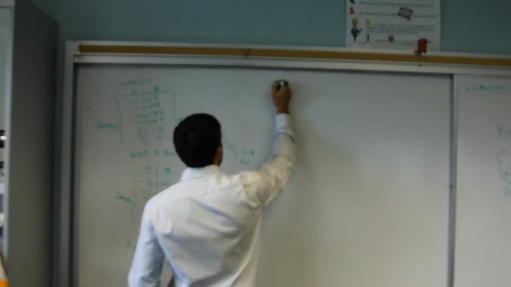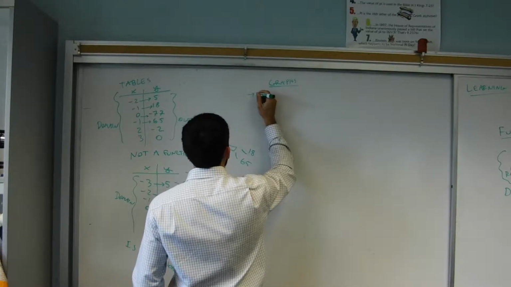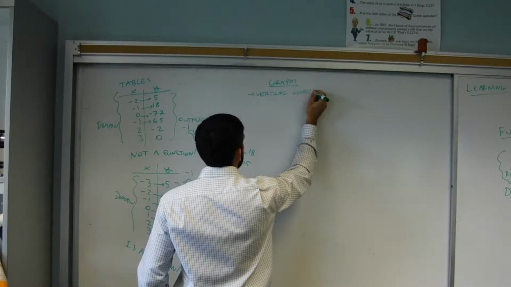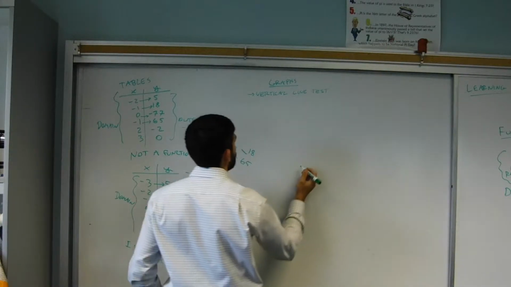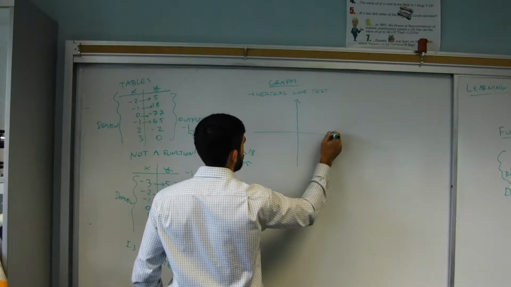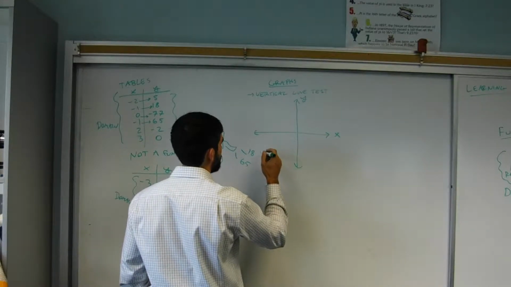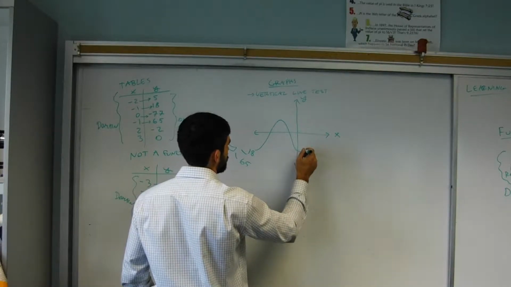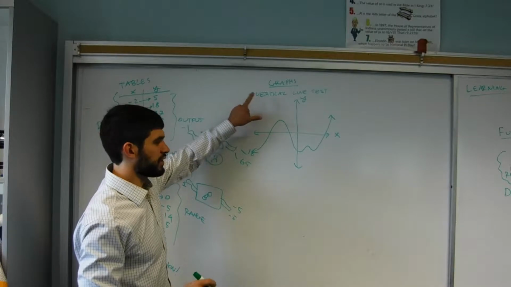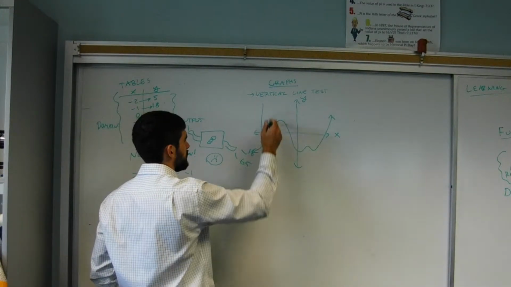So for graphs, we have something called the vertical line test. And what the vertical line test tells us is that if we want to find out whether or not a graph is a function, what we want to do is draw vertical lines through our graph at every point.